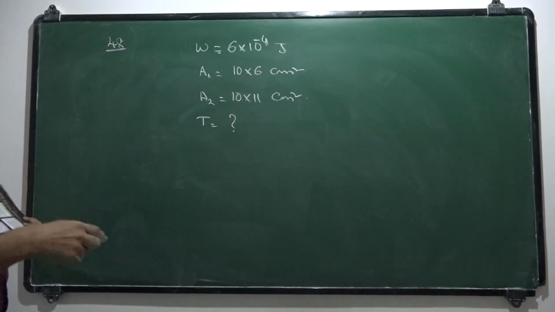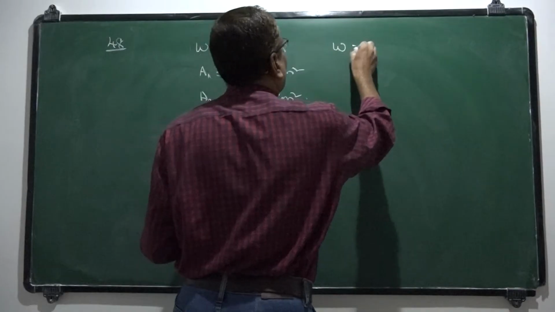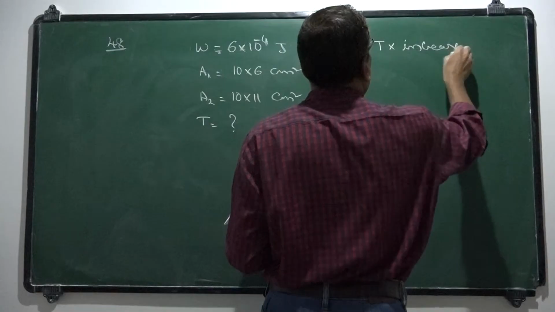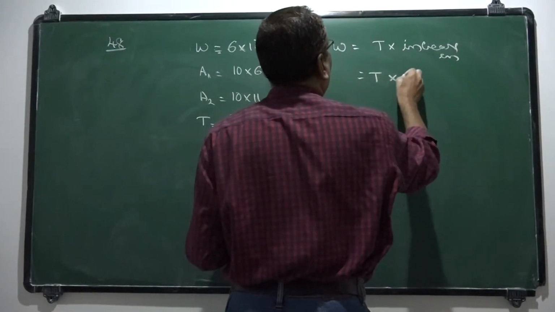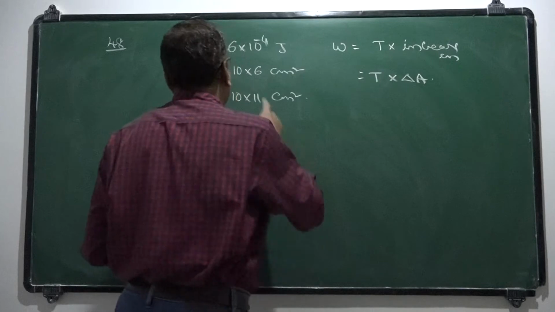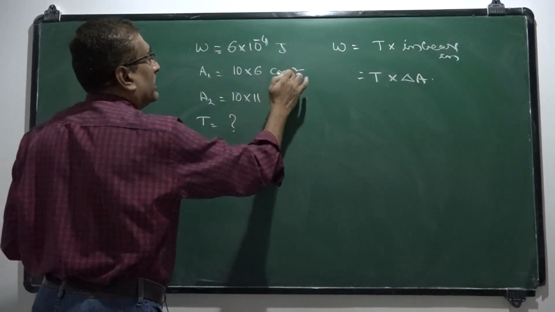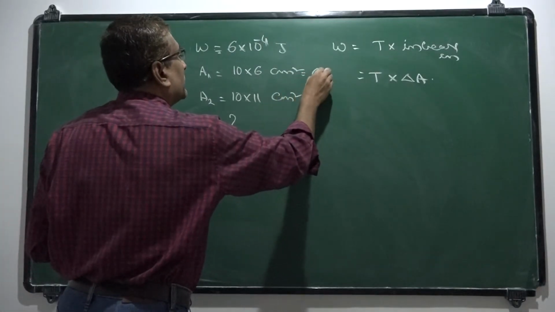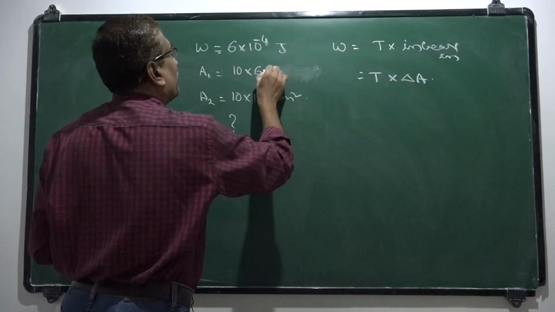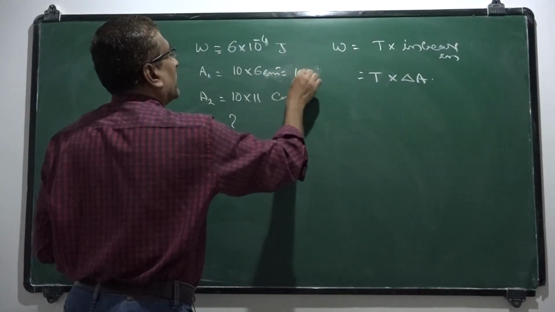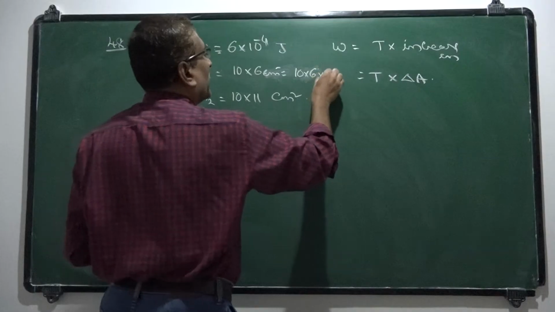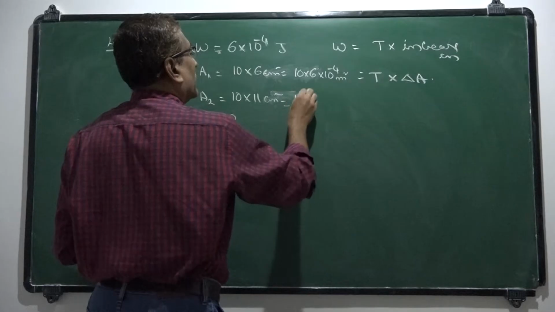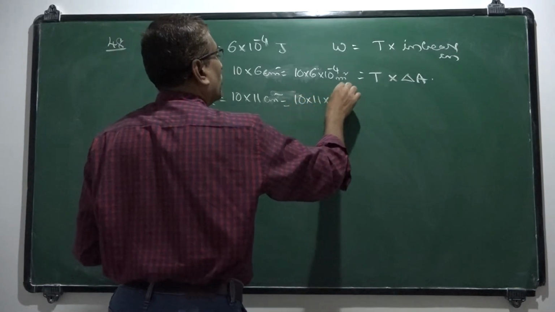Now we have the relation: the work done is given by surface tension into increase in area, or we can write T into delta A. But here the areas are in centimeter square, so you have to convert them into meter square. That is 10 into 6 into 10 to the power minus 4 meter square, and 10 into 11 into 10 to the power minus 4 meter square.